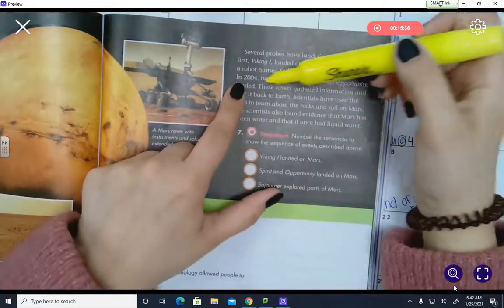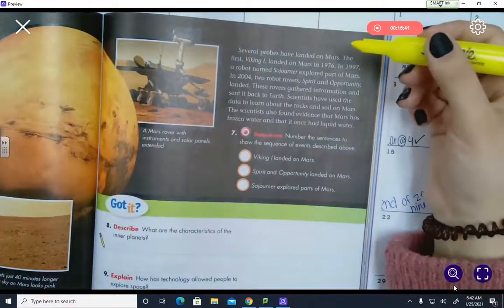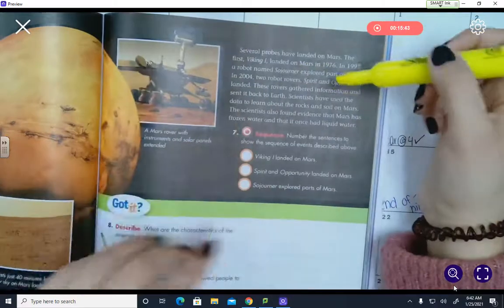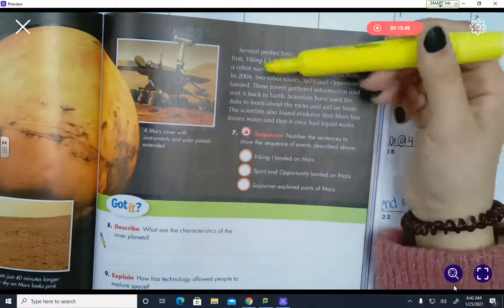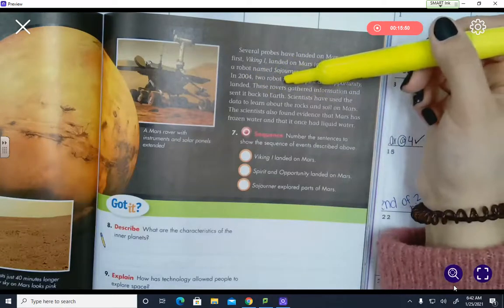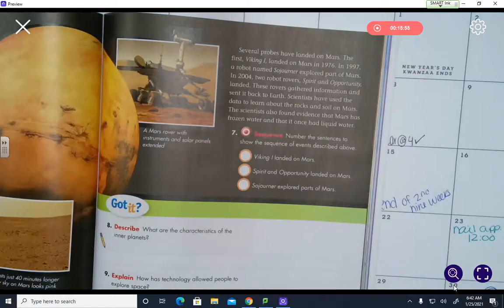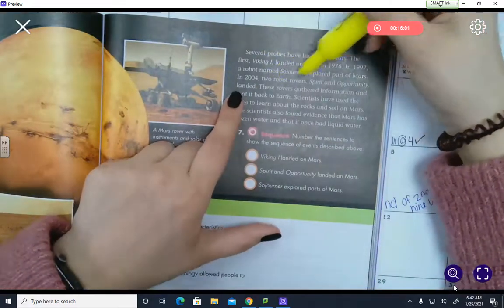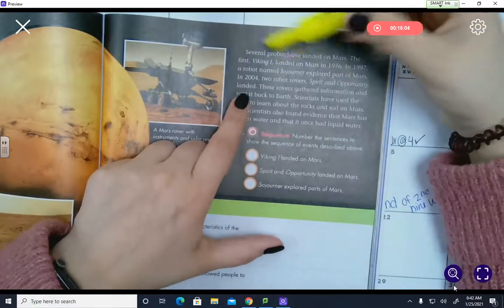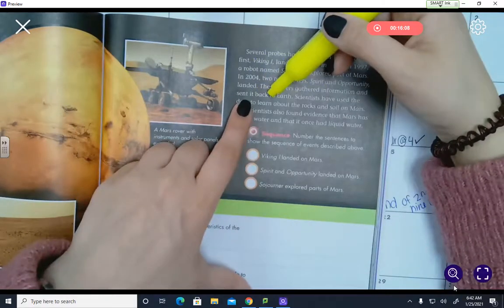Explored part of Mars. In 2004, two robot rovers, Spirit and Opportunity, landed. Let's rewind. In 2004, two robot rovers, Spirit and Opportunity, landed. These rovers gathered information and sent it back to Earth.